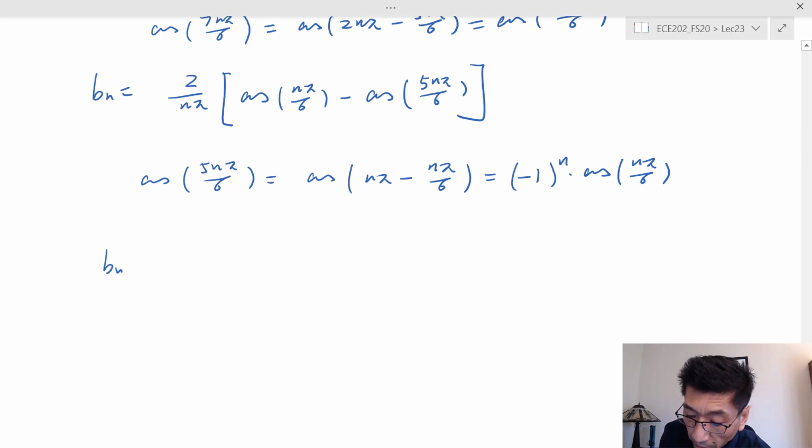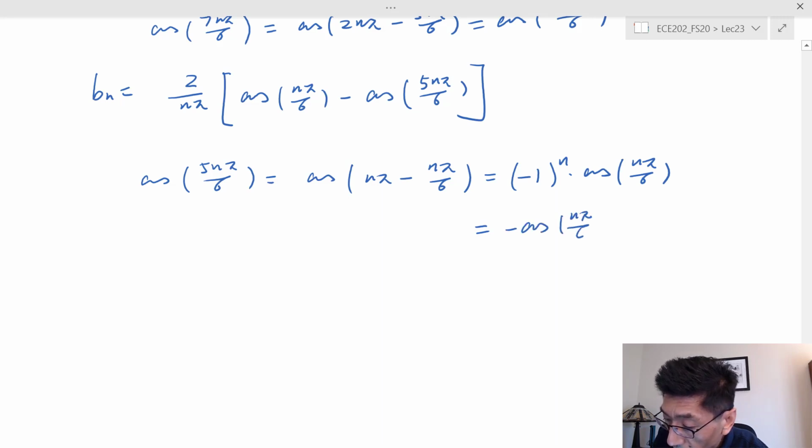And by the way, if n is an even number, this is going to be equal to -1, negative cosine n pi over 6, and if n is odd, for n equal to 1, 3, and so on and so forth, right?